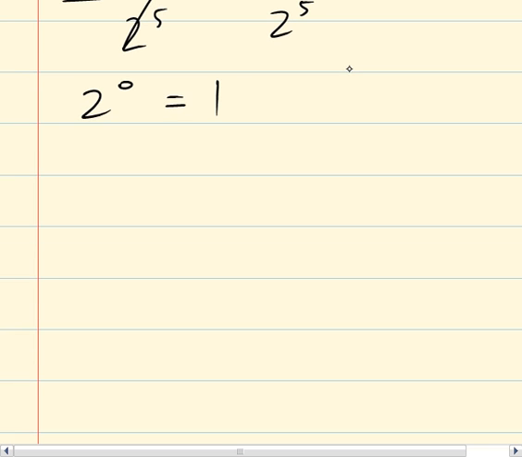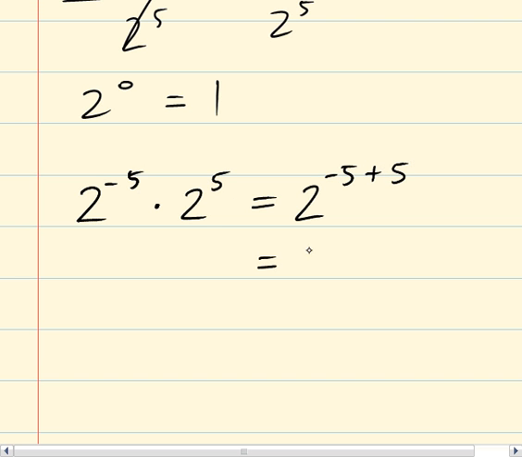Likewise, we can use that same rule to explain the negative exponents. For example, according to that rule, 2 to the negative fifth times 2 to the positive fifth should be 2 to the negative 5 plus 5, adding up the exponents, which is 2 to the 0, which we just discovered is 1. So in other words, 2 to the negative fifth times 2 to the positive fifth must come out to be 1.